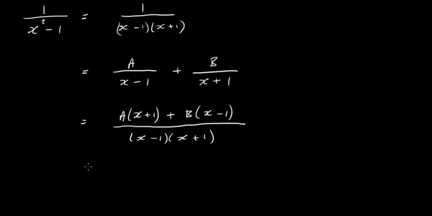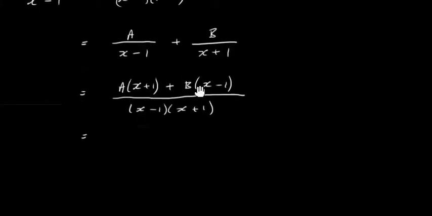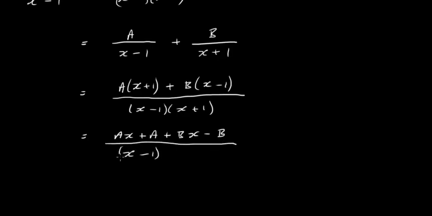Okay, so next thing I'm going to do then is, there are a couple of ways of proceeding from here, but I'm going to do it this particular way. I'm just going to multiply out the top line here. So I end up with ax plus a plus bx minus b, and again that's all over x minus 1 times x plus 1.